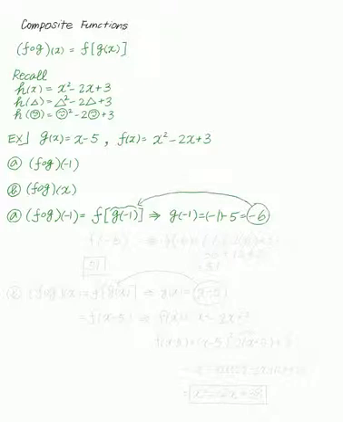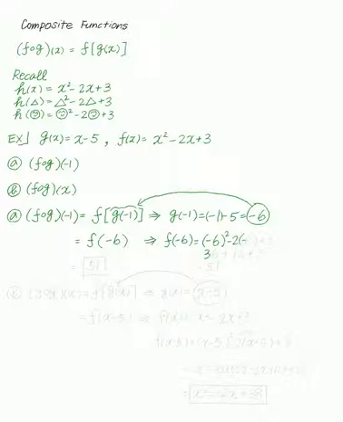So I'm going to take that value, and I'm going to plug that in to my f domain value. So now I have f of -6. Now I'm going to replace all of my x values in my f function with a -6. Be careful with your parentheses, especially with a negative value.